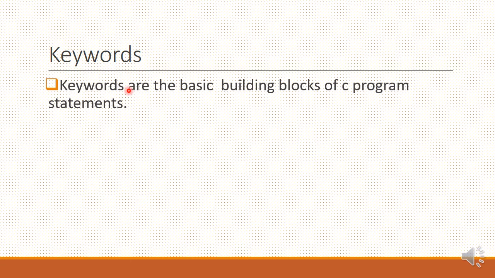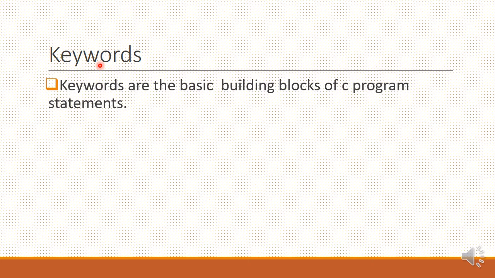Next, let us study the keywords. What do keywords mean? Keywords are the words whose meanings cannot be changed by the user. Or you can say that keywords are the reserved words, which are actually written by the manufacturer. The manufacturer here is the one who wrote C, and he has written the keywords.